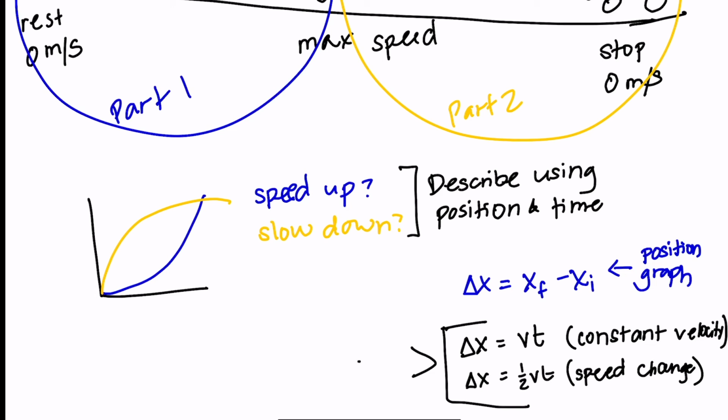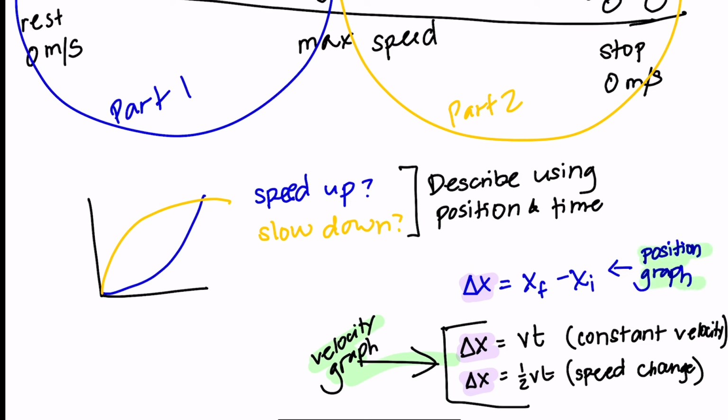Okay, so let me draw a big arrow. So velocity graph. Okay, so these are both ways to find the displacement. These are all going to find displacement, but one tells you it's for the velocity graph, okay?